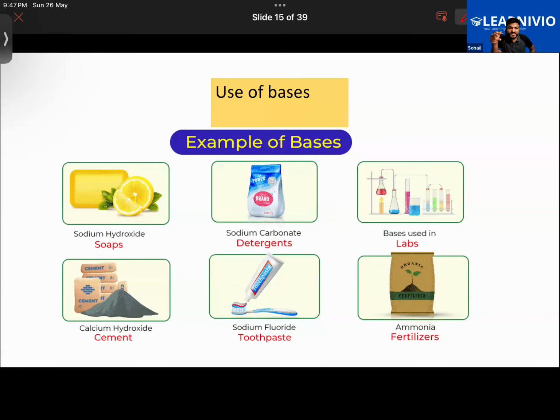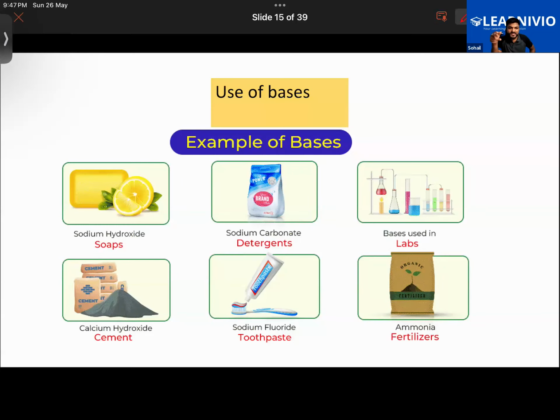No, the thing I'm saying here is that suppose I am a scientist for a moment, and I want to manufacture detergent, washing powder.